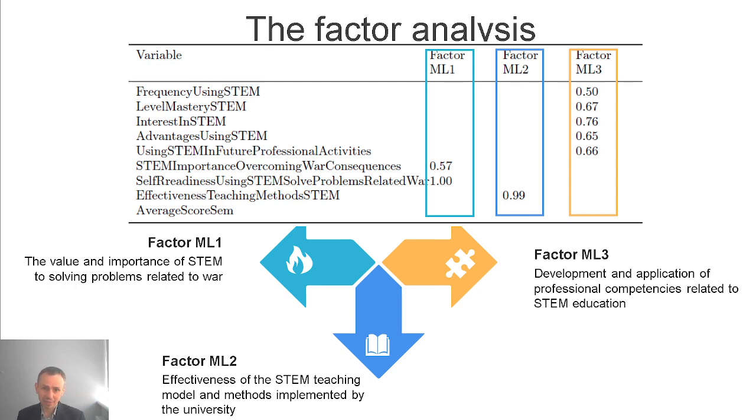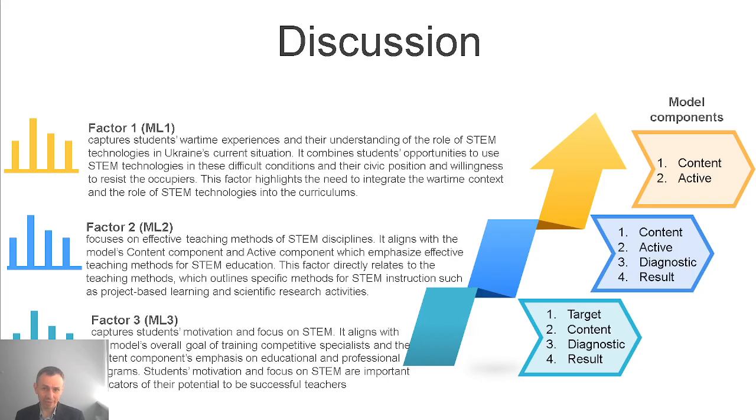As a result of the analysis, we highlight the following factors. First, the value and importance of STEM for solving problems related to war. Second, effectiveness of the youth STEM teaching model and methods implemented by the university. Third, development and application of professional competencies related to STEM education.